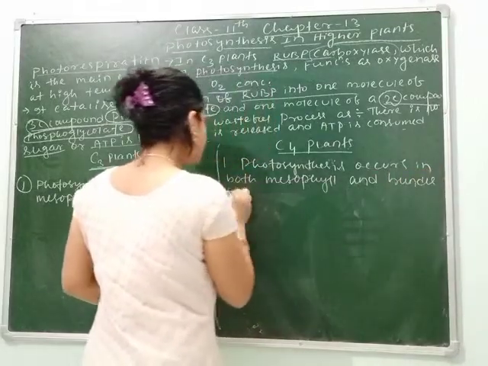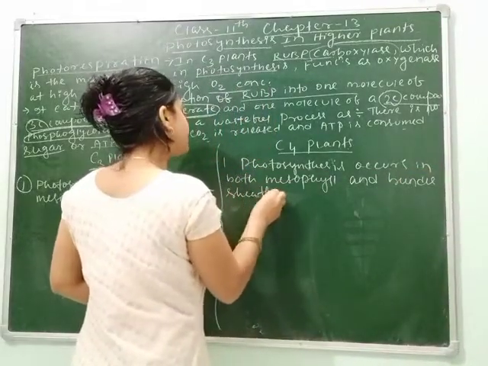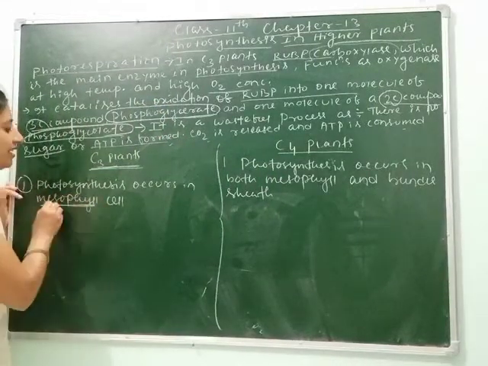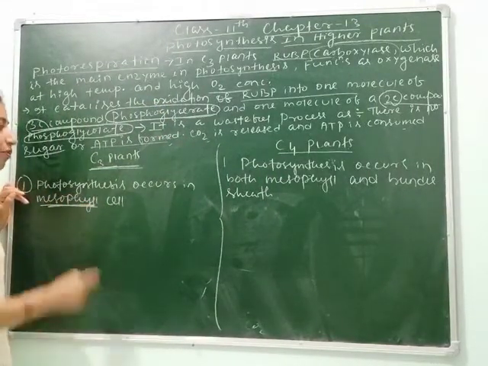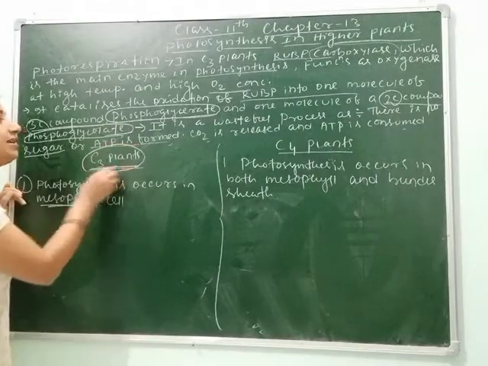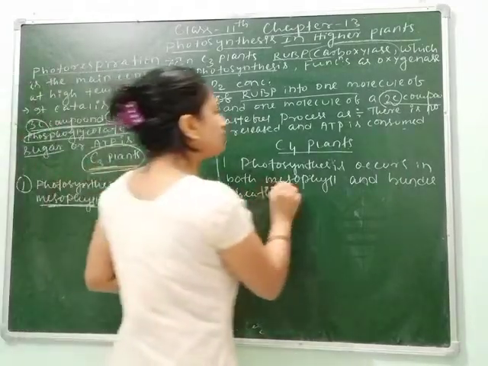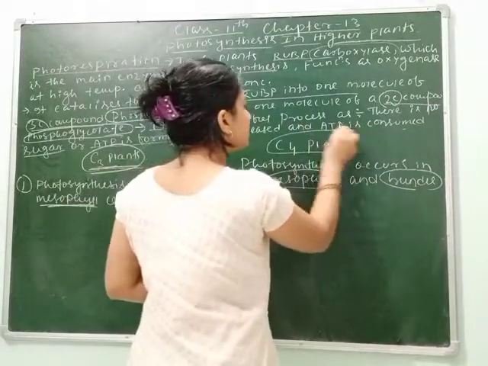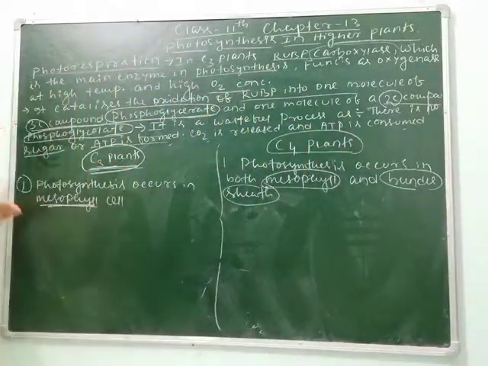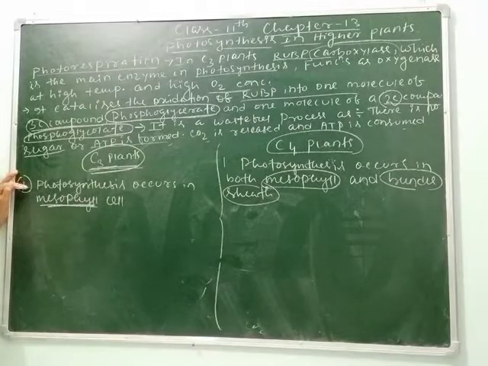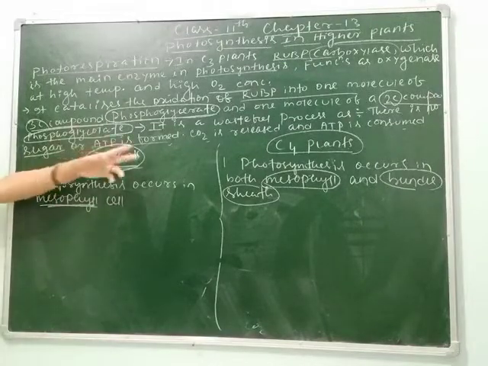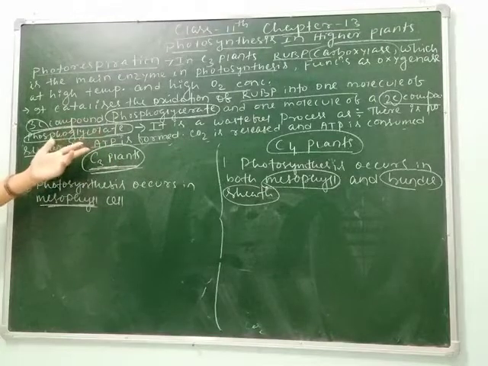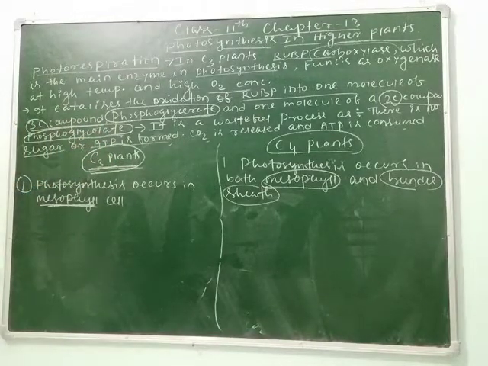You know about the bundle sheath cell, I have explained it in my last class. So mesophyll cell is the part where photosynthesis occurs in C3 plants, whereas mesophyll and bundle sheath cells are involved in C4 plants. Clear? So let's see.